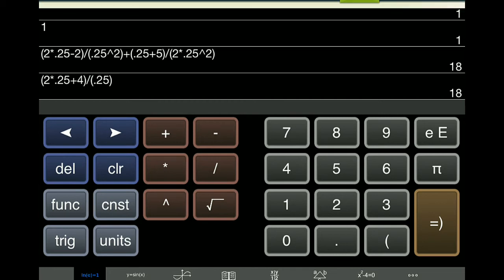Our other answer was -1. So I'm going to tap on the original problem that I typed in. You have to tap a little bit underneath it, it seems like, in order to change it out. Every time I see a 0.25, I'm going to replace it with a -1. So I'm going to replace the 0.25 squared with -1. But when I do that, I'm going to make sure I throw an extra set of parentheses in there.